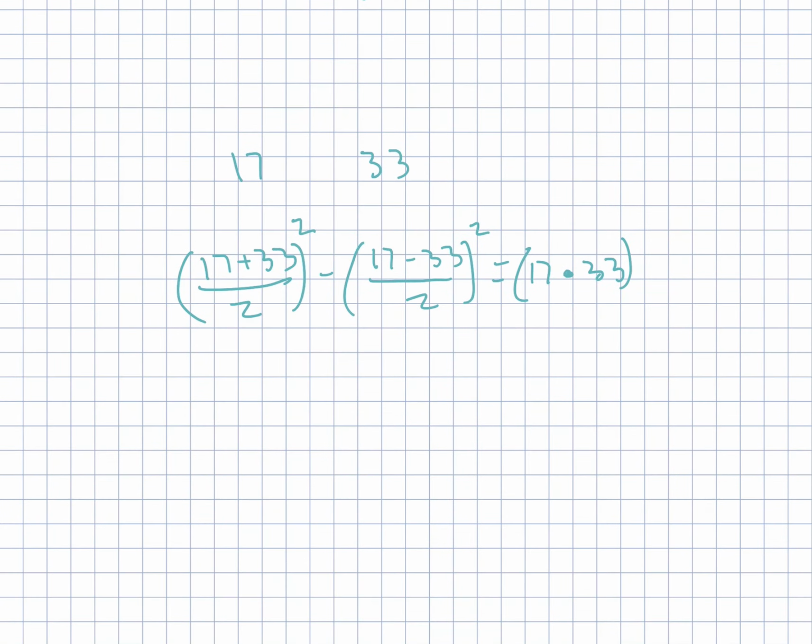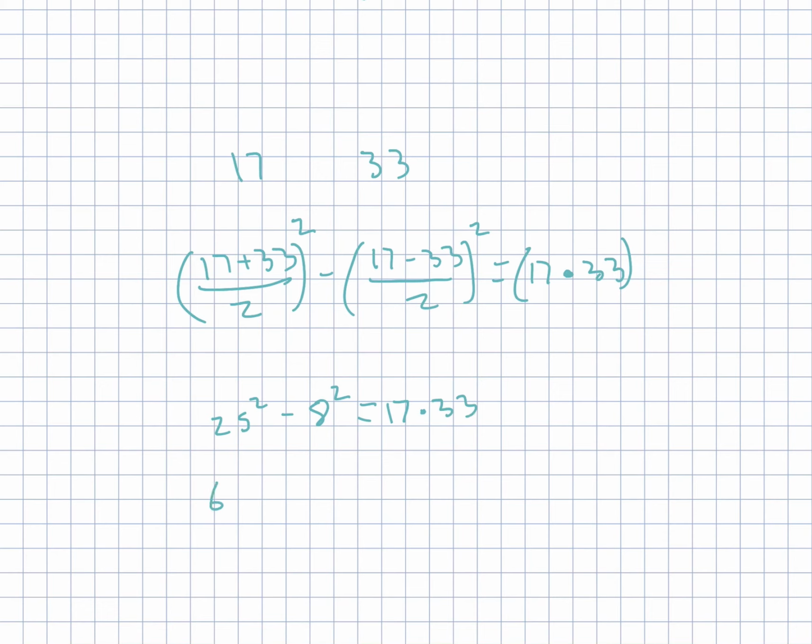So let's simplify this. We have 50 over 2, so that's 25 squared, minus -16 over 2 squared, so that's 8 squared, so minus 8 squared is equal to their product.